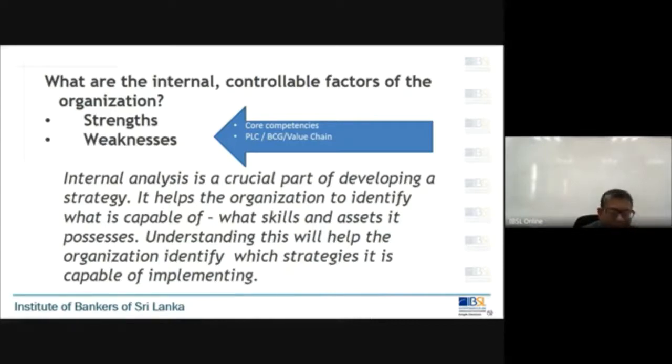It helps organizations identify what they are capable of: our skills, our assets, our processes. So you need to understand all these factors before we develop our strategies.